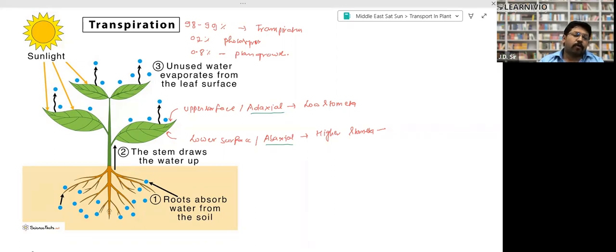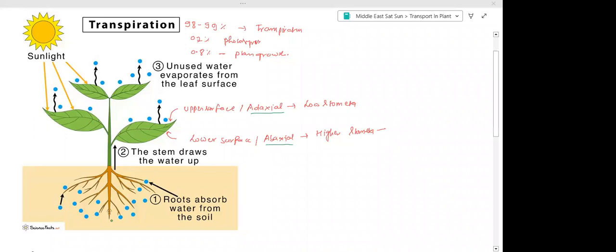Because light falls directly on the upper surface, and if there were more stomata, there would be more loss of water. To minimize the loss of water, there are more stomata on the lower surface and fewer stomata on the upper surface.